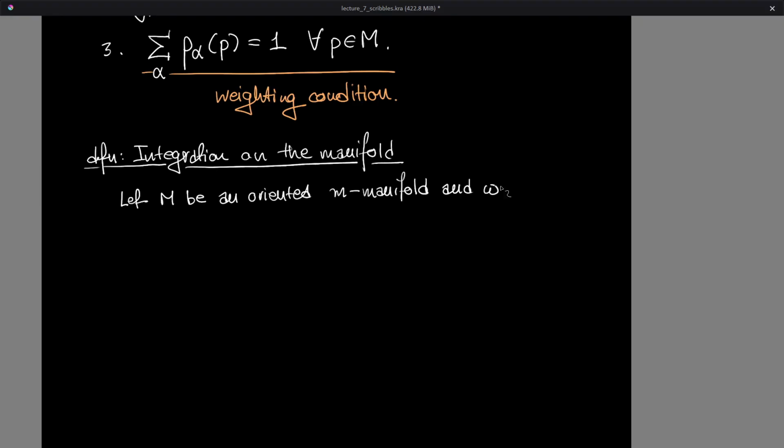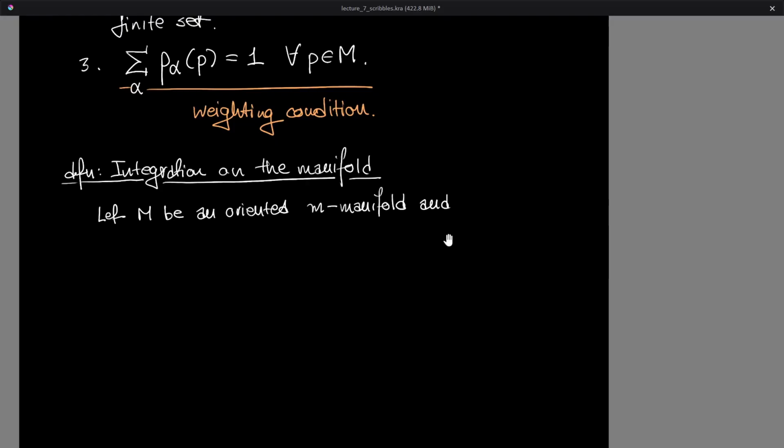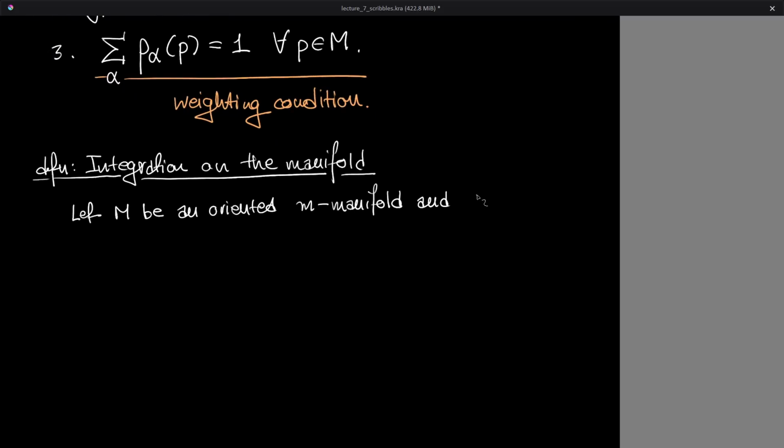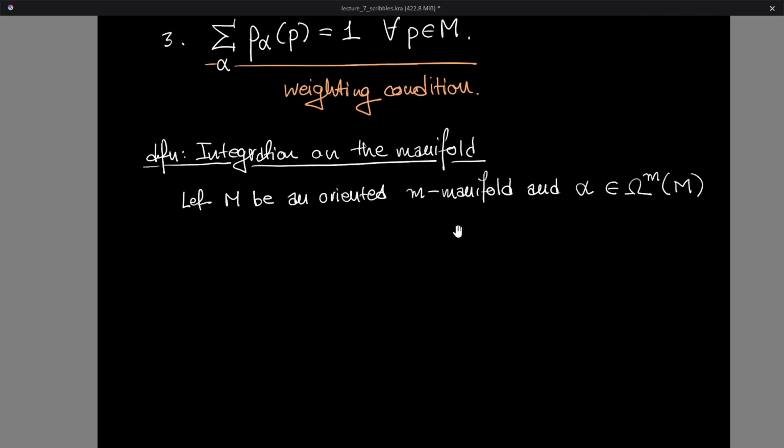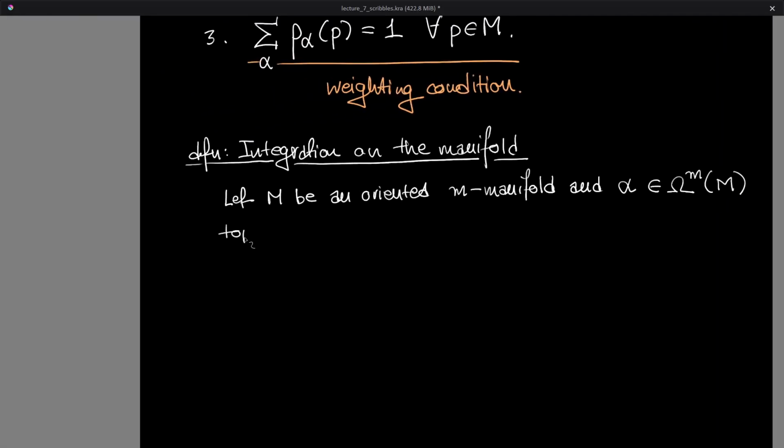And omega is, okay, so let's not even call it omega because that's going to confuse us with the volume form. Let's just call it alpha. And let's say that alpha is an element of omega m. So it's a top degree form. Top degree again just means that if the dimension of the manifold is m, then it's an m degree form.